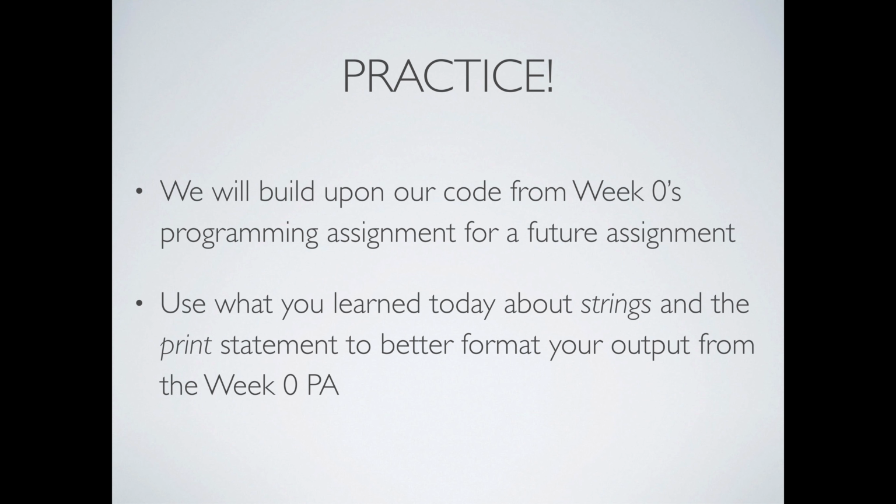With the content that you've learned today, you can now go back and change that. I do recommend doing that now rather than waiting, because you are going to work on this week 0 programming assignment code again at a later date. You don't have to do this before the programming assignment is due on Wednesday this week, but it would still be good practice for the content that you learned today.